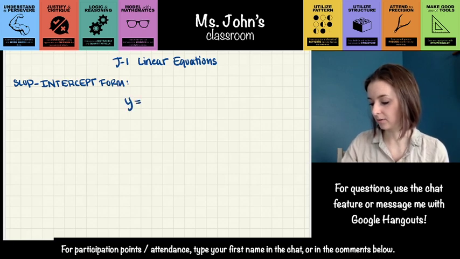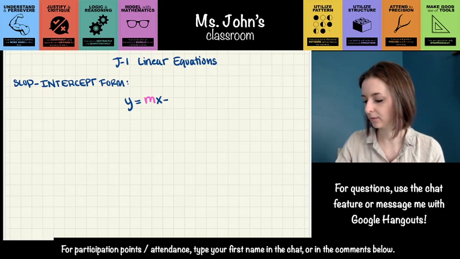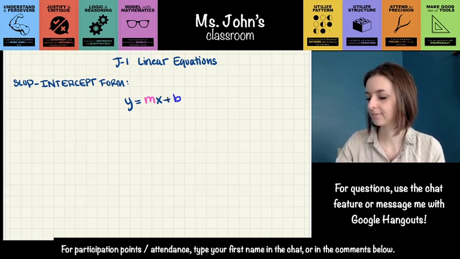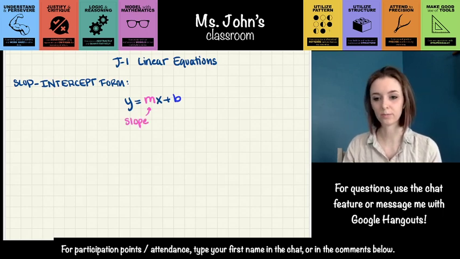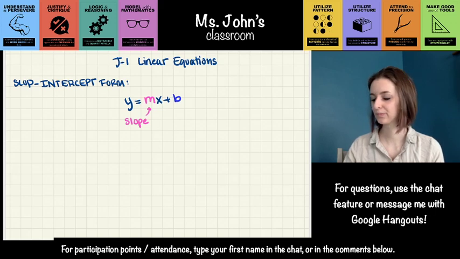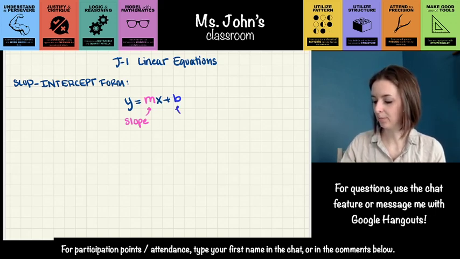Slope-intercept form is the one that you see all the time. It's y equals, and we're going to do colors here, mx plus b. And hopefully you remember that the m in this equation is the slope, and the b is the y-intercept.